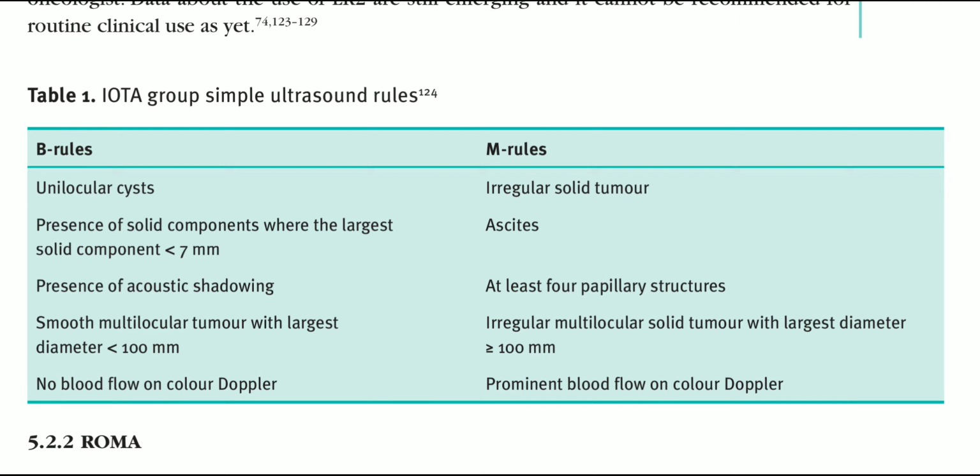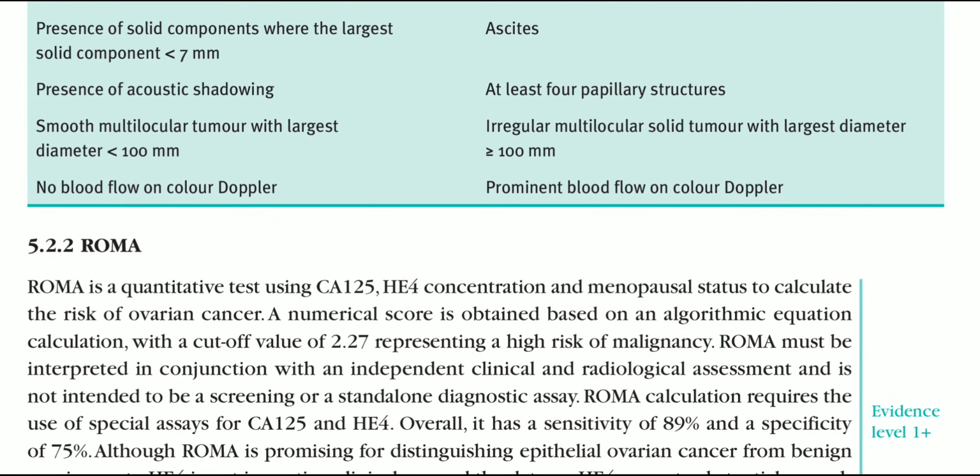If we have these features, then it follows the B rule. But if it is an irregular solid tumor, with at least 4 papillary structures, and irregular multilocular solid tumors with the largest diameter of greater than 100 mm and prominent blood flow on color Doppler, then that follows the M rule.